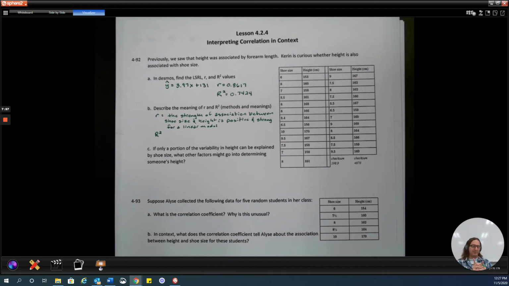The R squared value, remember we talked about causation. In causation, we said sometimes there are some lurking variables in there, and they're causing some stuff to happen. Well, R squared tells us what percentage of the association can be attributed to just shoe size and the height.